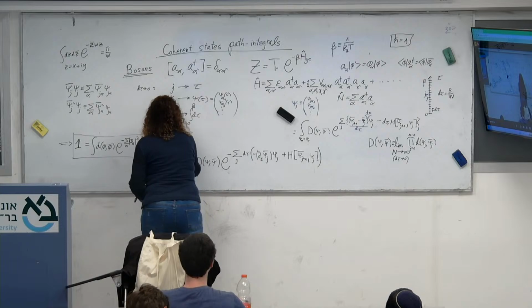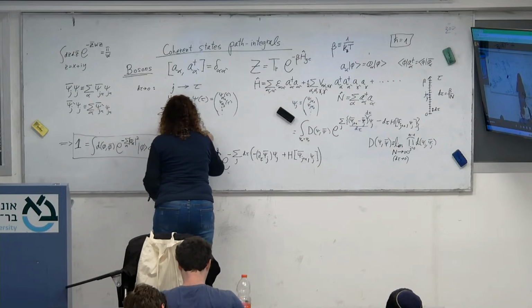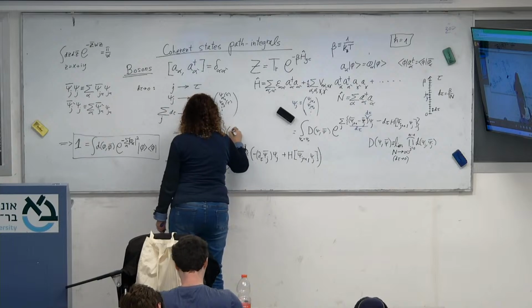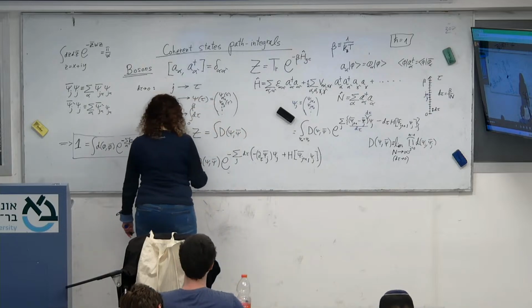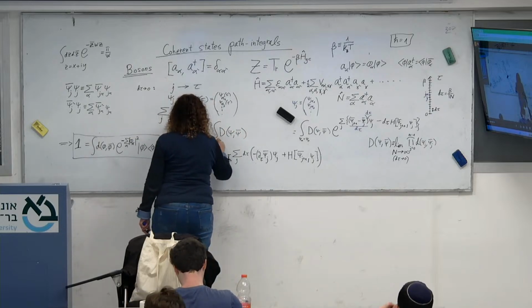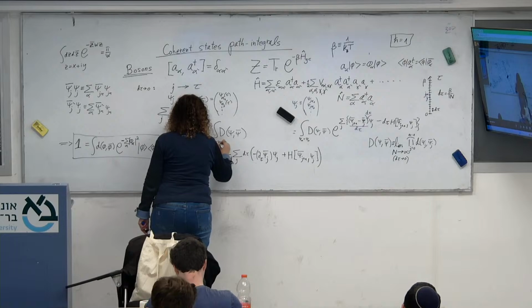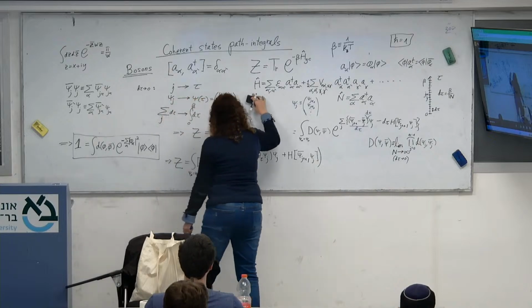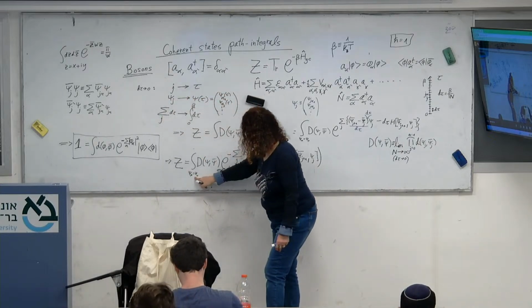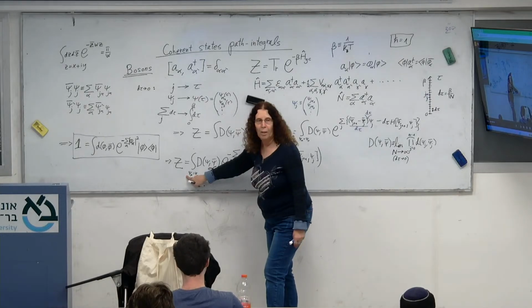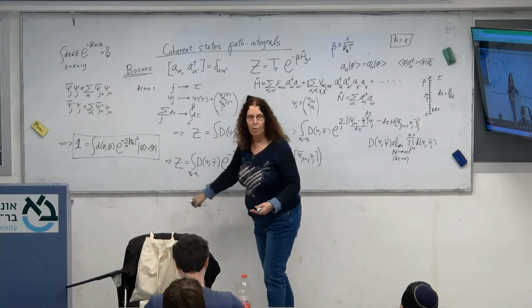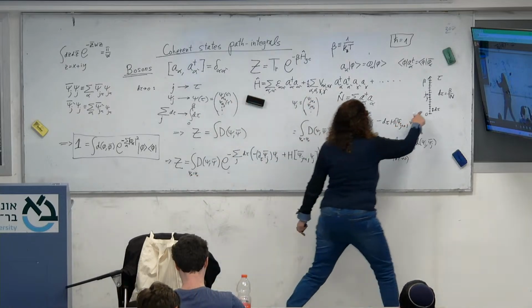So let's see what we get for the partition function. In the end, we get an integral over the big capital D differential. It has a constraint. The condition that psi 0 equals psi capital N turns into periodic boundary conditions on the tau axis.